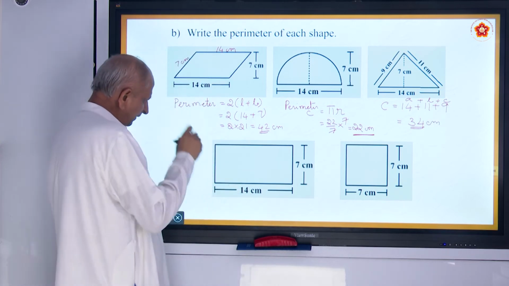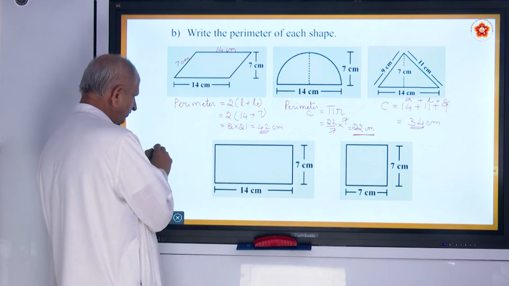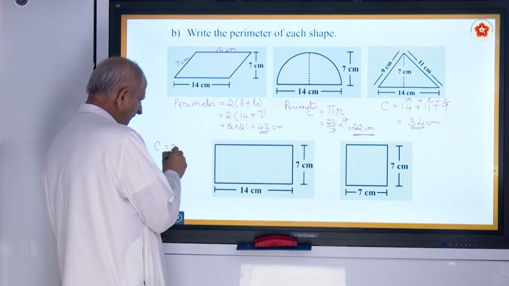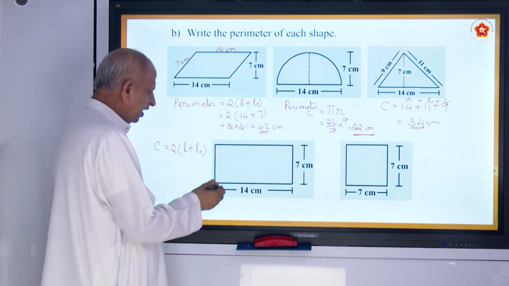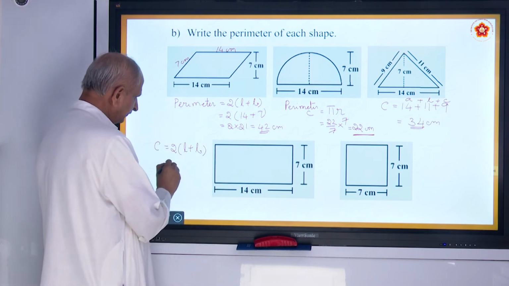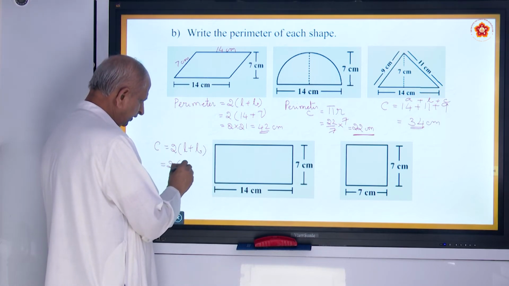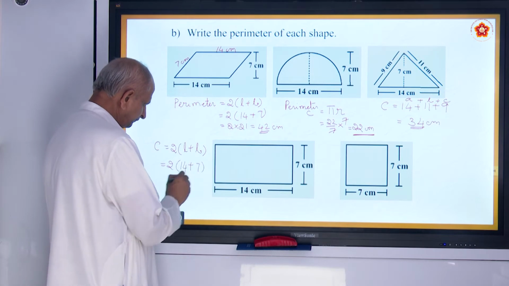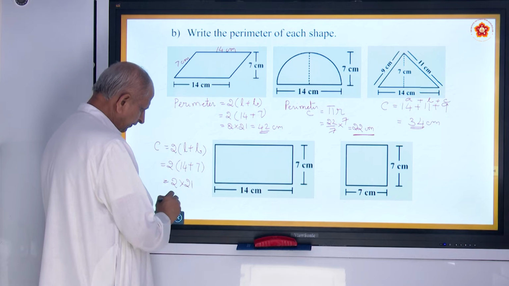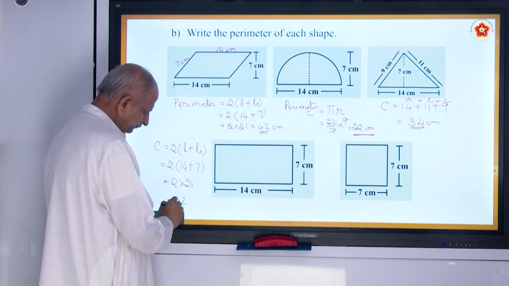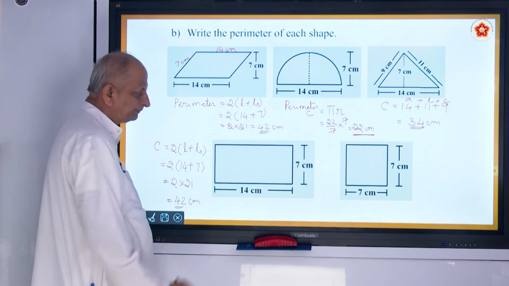And perimeter of a rectangle, again same thing, 2L plus 2B or 2 into L plus B. What is L now? L is 14. So 2 into 14 plus B is 7. So 2 into 21, that is 42 centimeters, correct?